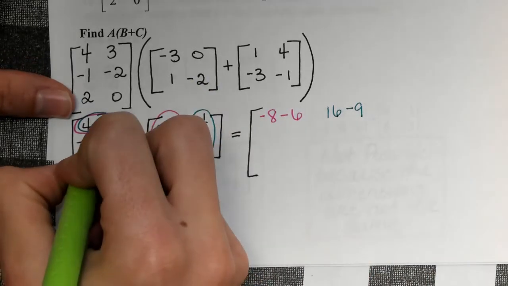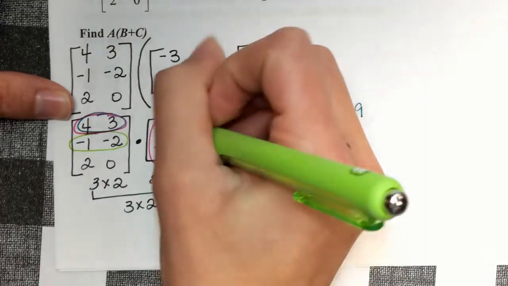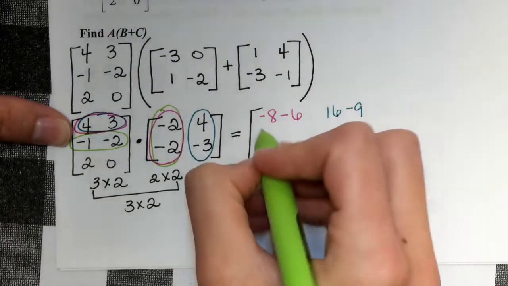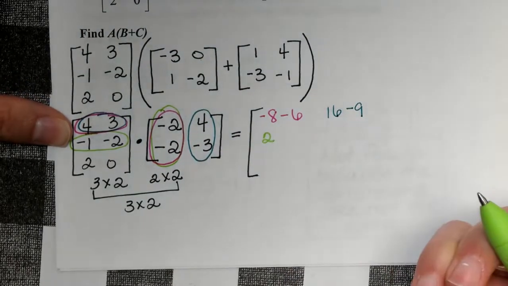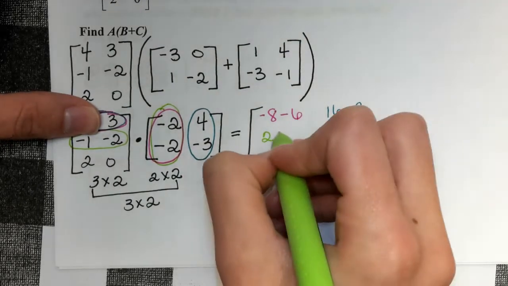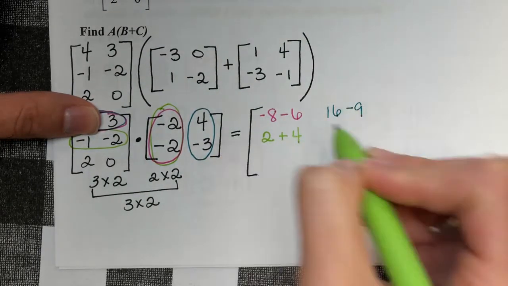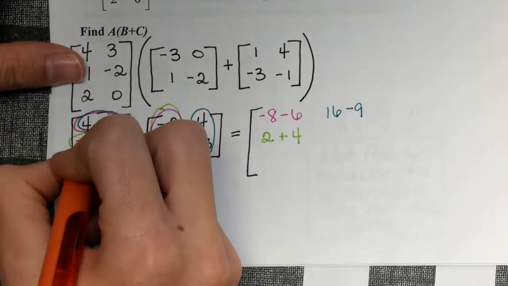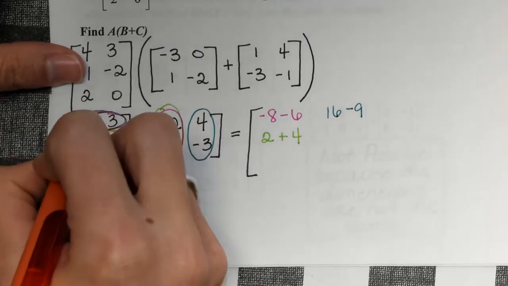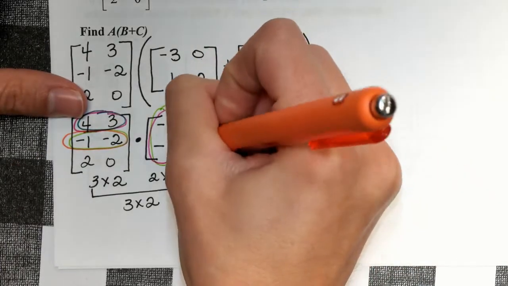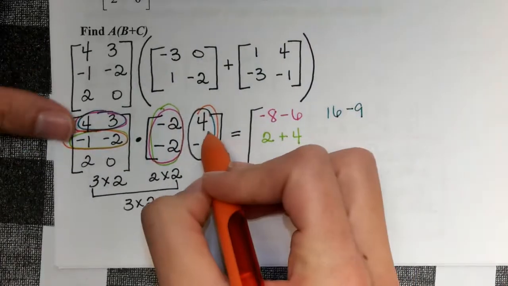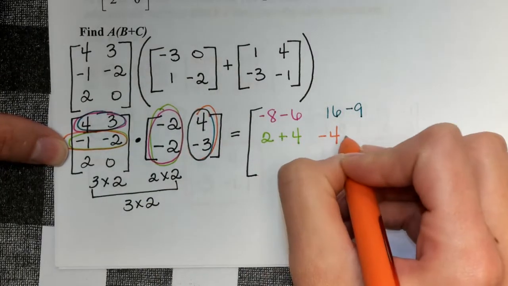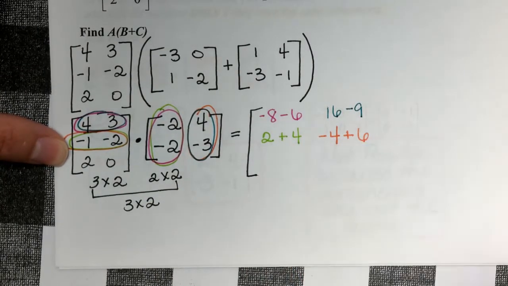Then I'm going to do second row, first column. -1 and -2 is 2. -2 and -2. So 2 plus 4 there. Then I've got -1, -2 multiplied by 4, -3. So -1 and 4 is going to give me a -4 plus 6.